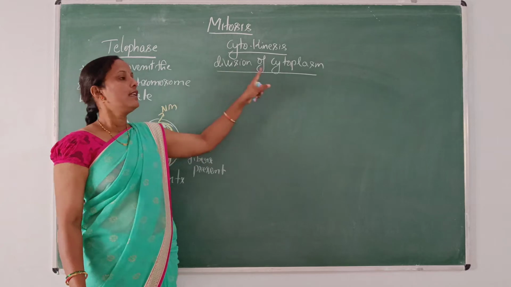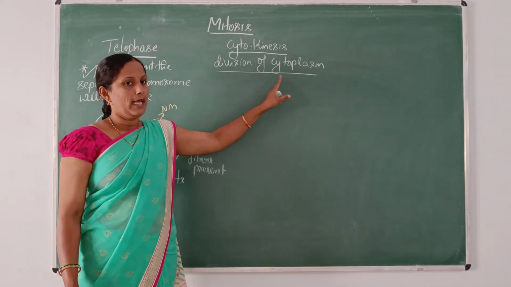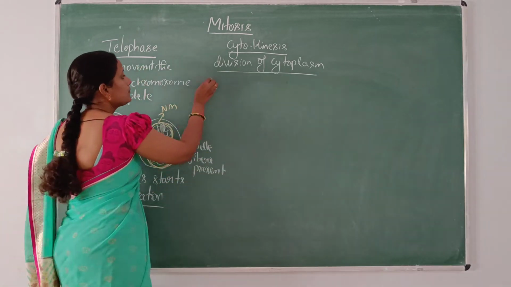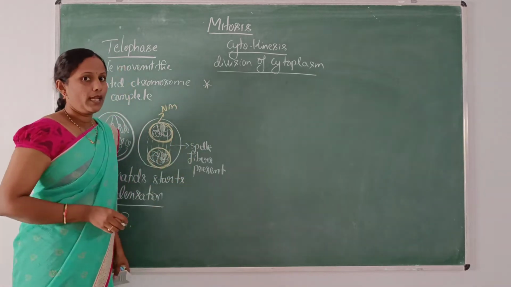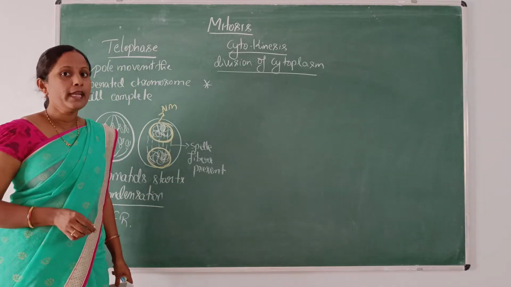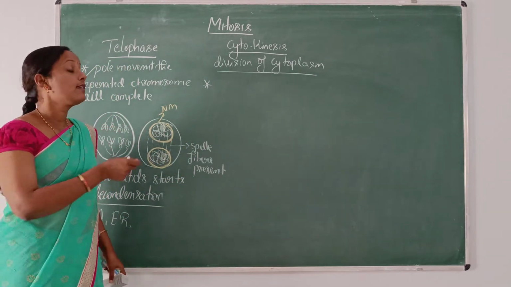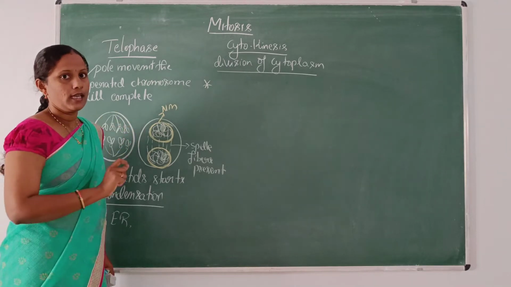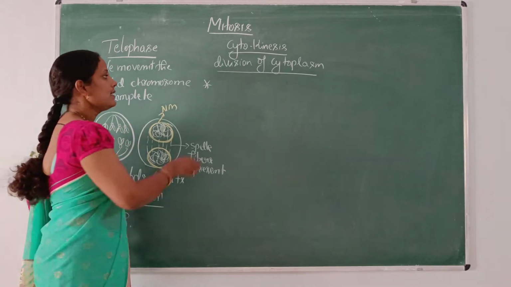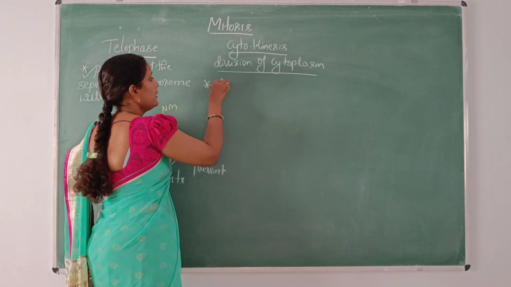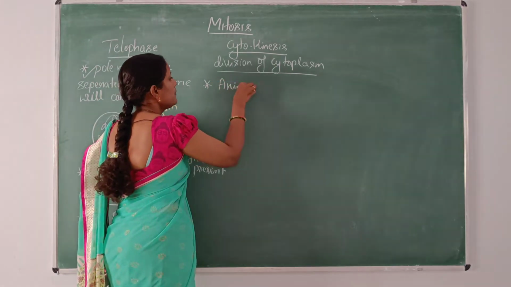Cytokinesis is the division of cytoplasm. And the division of cytoplasm is different in plant cells and animal cells. Now we are discussing animal cells, so we shall take up first the cytokinesis happening in the animal cells.